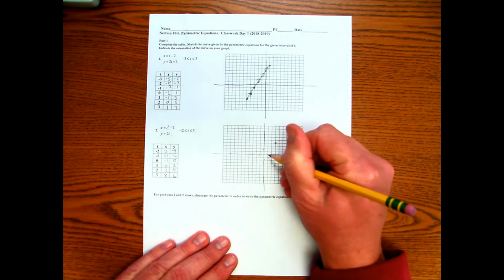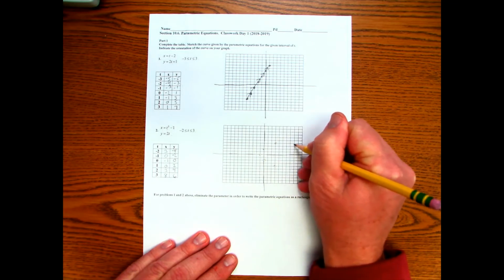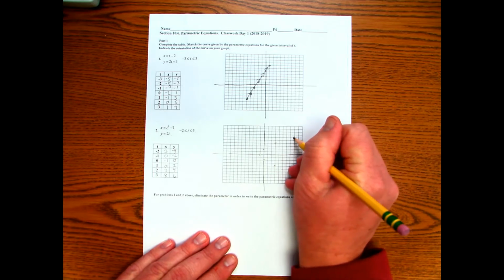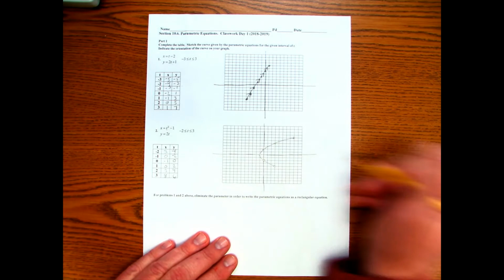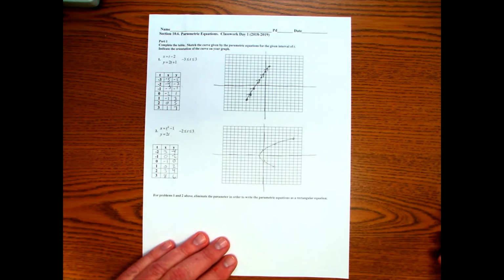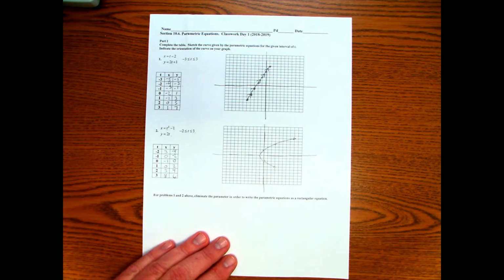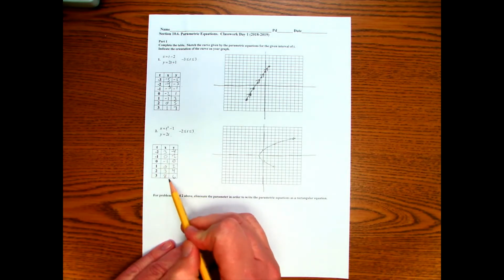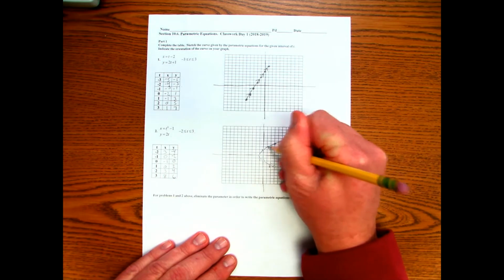And 8, 6. What we end up getting here is a parabola that opens up to the right. We don't want the entire parabola, so we don't draw it continuing this way, continuing that way. And they're specific that they want us to indicate the orientation of the curve. So starting at the point 3, negative 4, going to the point 8, 6, draw some arrows looking like this.